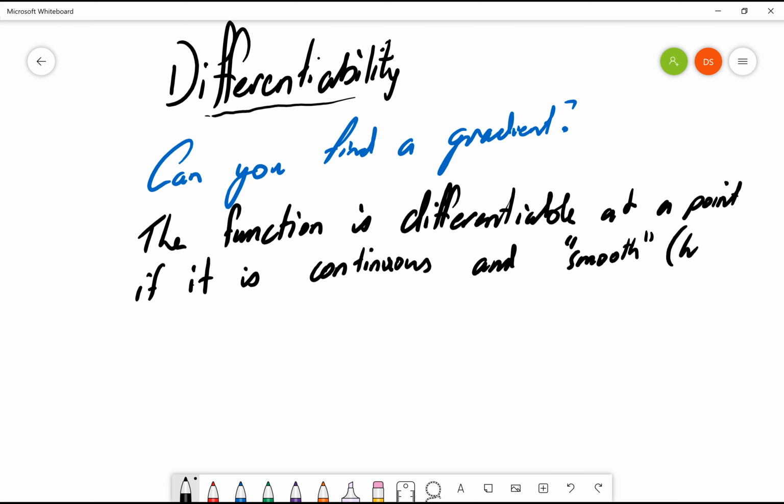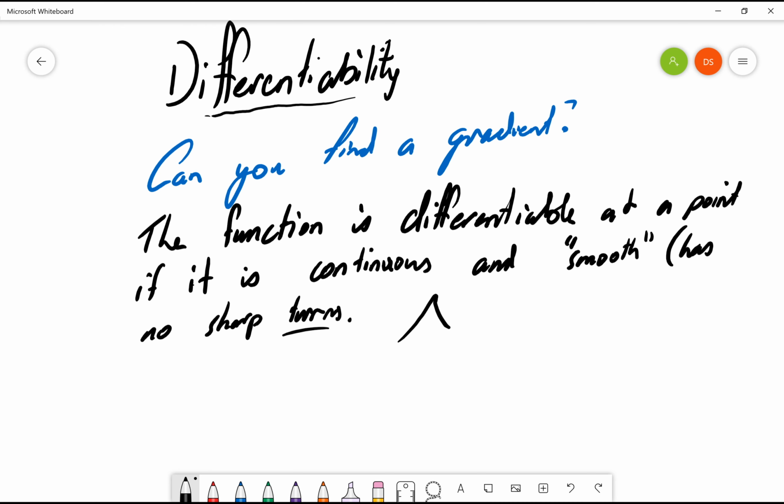What I mean is it has no sharp turns. Okay, so it can't look like this. That's not differentiable.